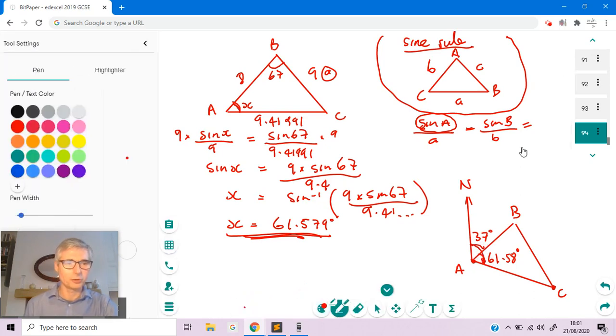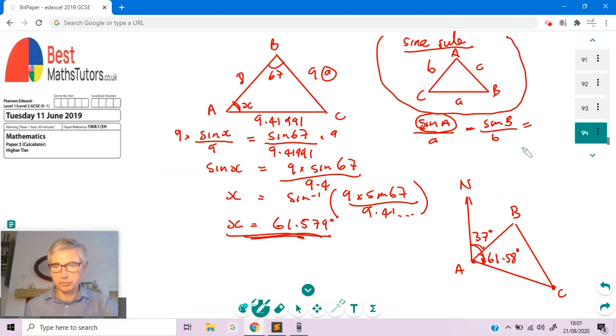Just do it in a different colour. It's probably obvious what I'm trying to say at the moment, but just to make sure. So it's this angle here. That would be the bearing. So it's the, if I was facing north, I'd have to turn through the 37 and then through the 61.58 until I was facing C. So that's my bearing of C from A.